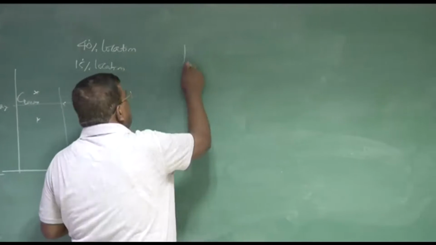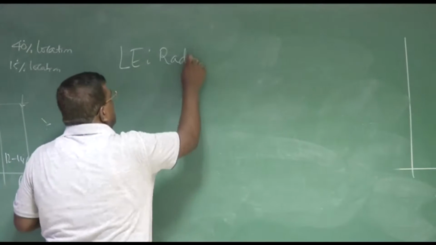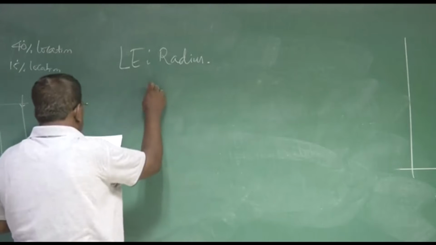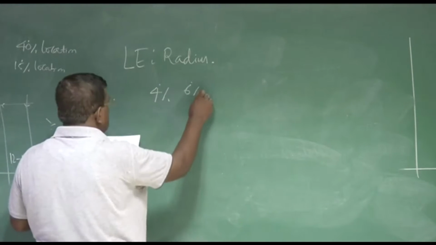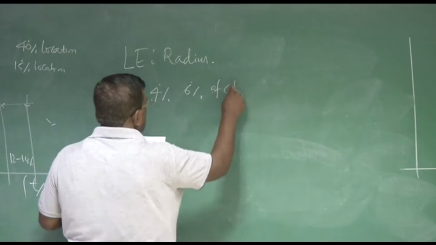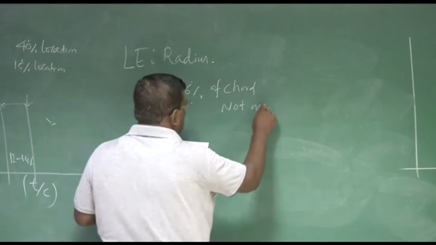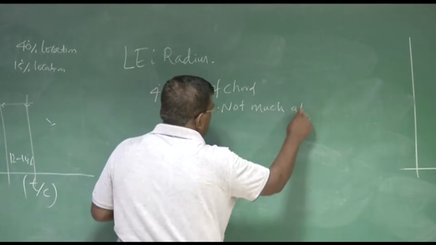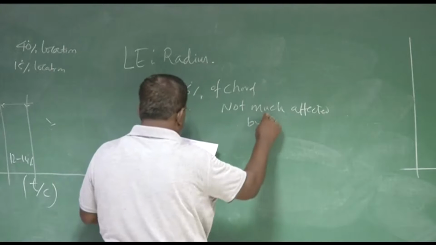We have also touched upon something on leading edge radius. I also mentioned that between radius 4% and 6% of chord, CL max is not much affected by Mach number.